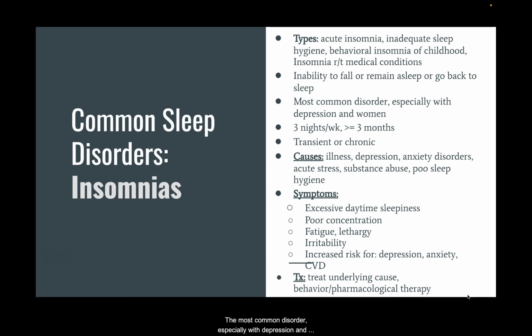The most common disorder, especially with depression and in women, that's women again, right? If you're not being able to sleep 3 nights every week for greater than or equal to 3 months, then you can be diagnosed with insomnia. It can be transient, which comes and goes, or it can be chronic, where you have chronic insomnia.